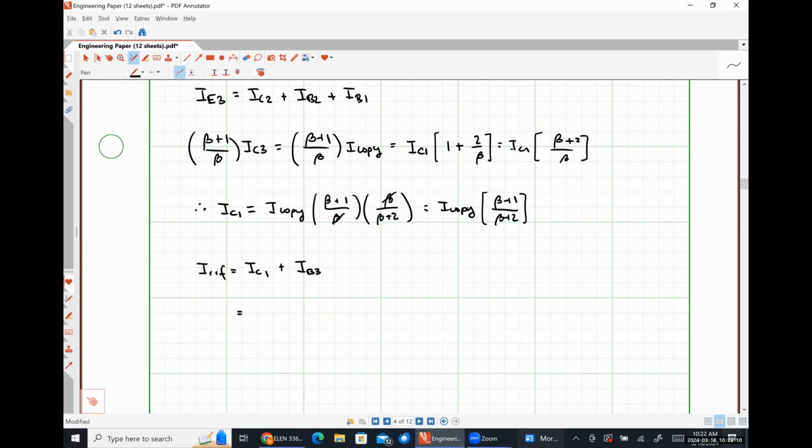Where we can make a simple substitution in for IC1. We know that's just I copy times beta plus 1 over beta plus 2. What's IB3 in terms of I copy? I copy over beta, absolutely right.